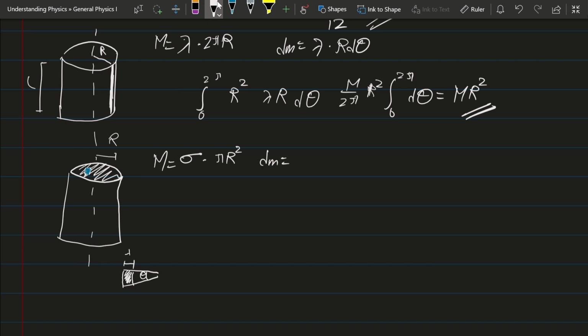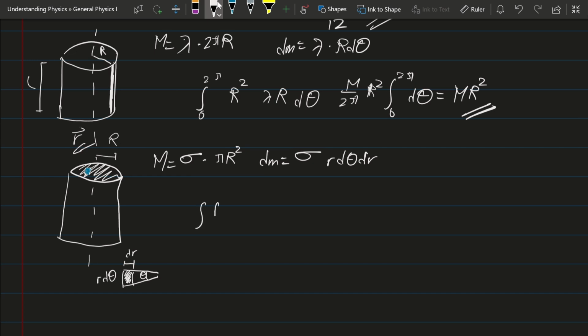This will be a very small radius vector there. So we would figure this length here to be r d theta, and so we would know this area here to be r d theta dr. And we multiply this by the sigma.